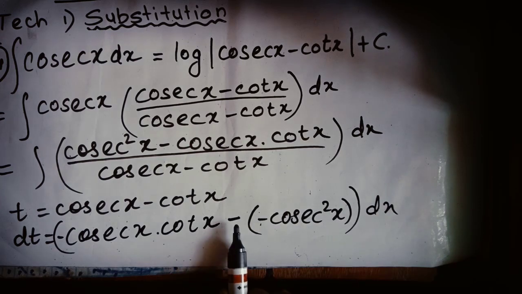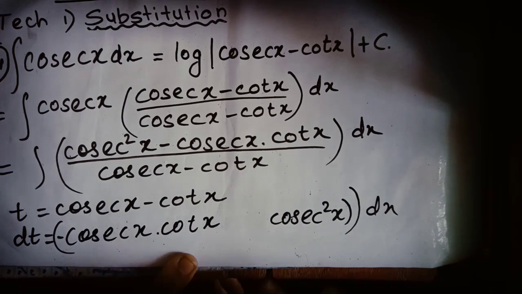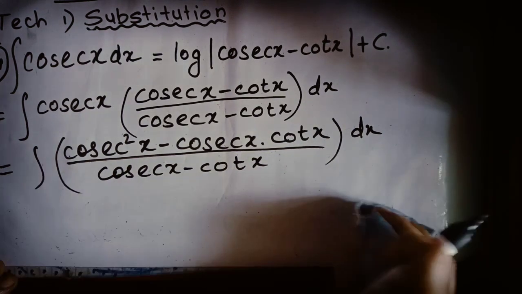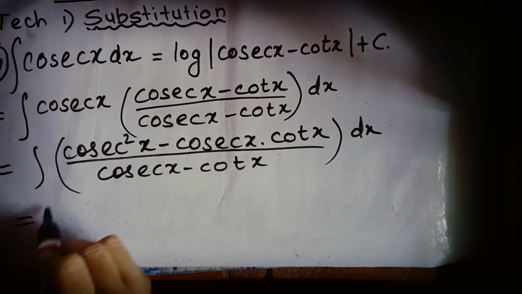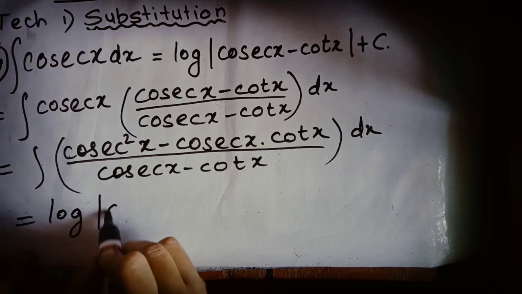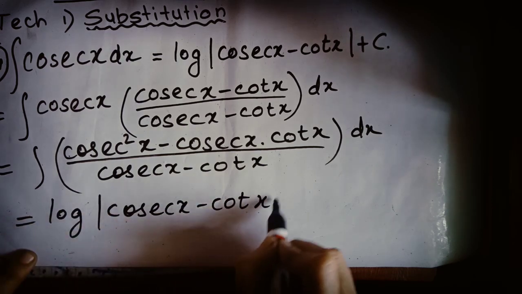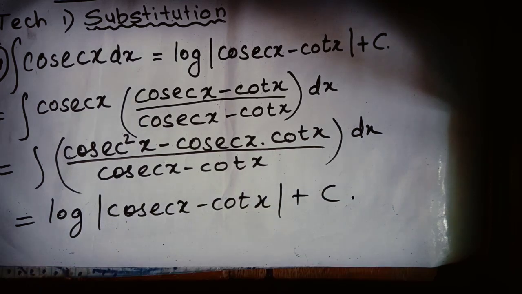So this sign will be minus minus plus. So we get the numerator here. So you can directly write this as log of mod of cosec of x minus cot of x plus c.